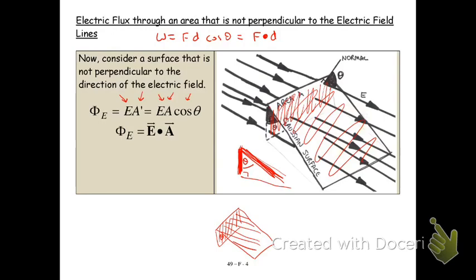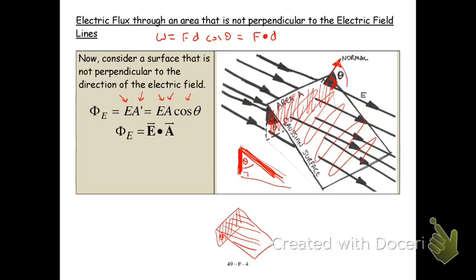And the area vector is an arrow which is perpendicular to the area and has a magnitude equal to the size of the area. And if you do that, this angle here, theta, if you work it out, is the same angle as the angle there.